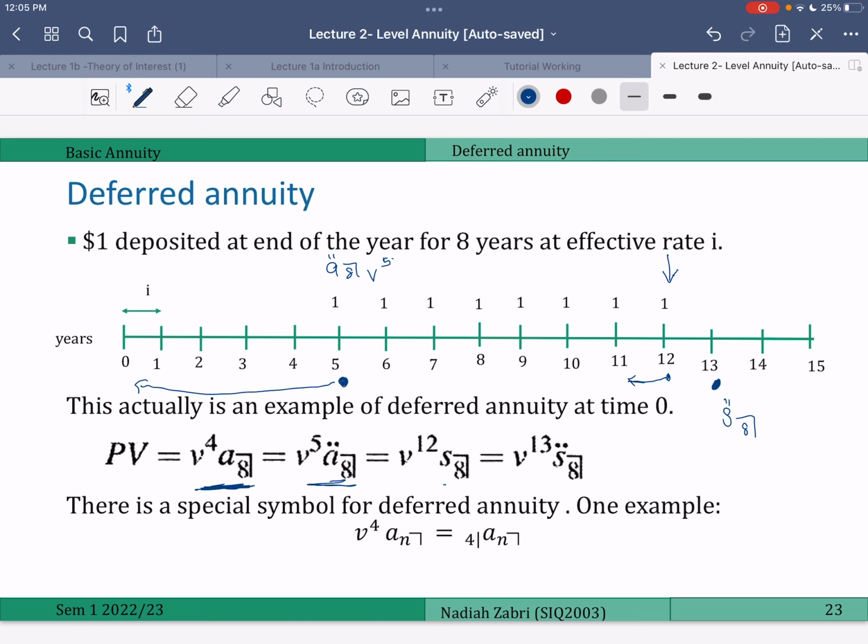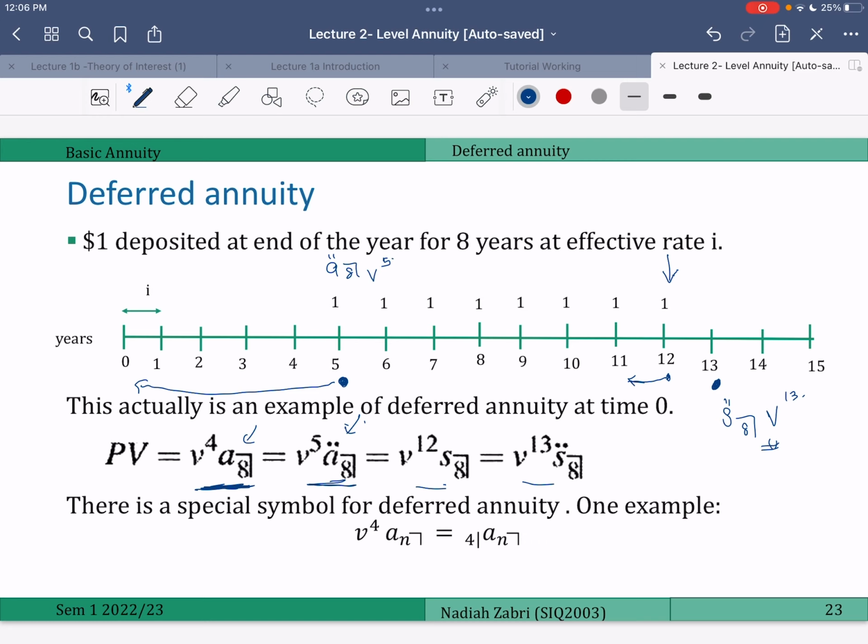So if you want to evaluate at time 0, you have to do V to the power of 13. Okay, so there are 4 ways to calculate this. Technically they are all deferred annuity, but usually when we want to find present value, we will use A angle instead of S angle because it's more straightforward.